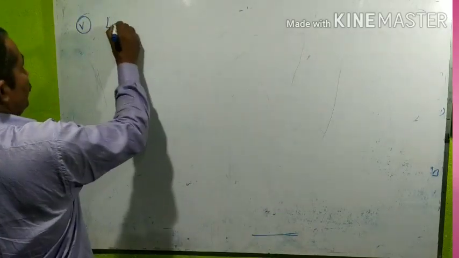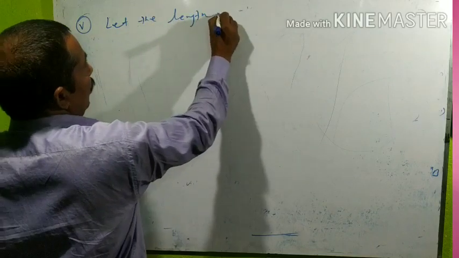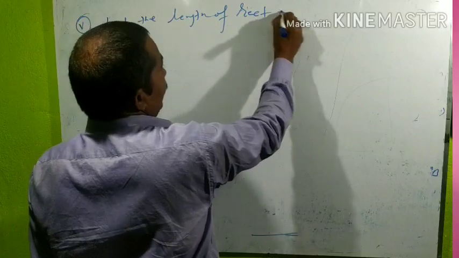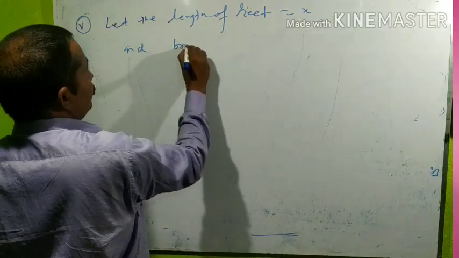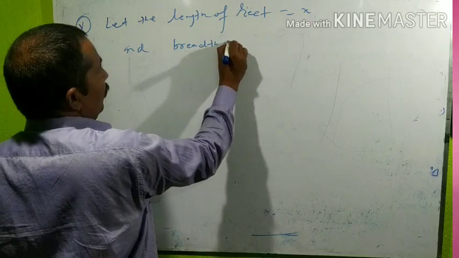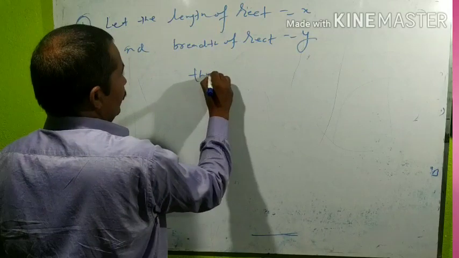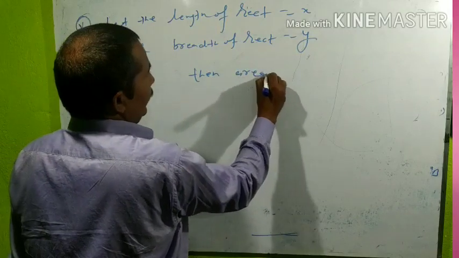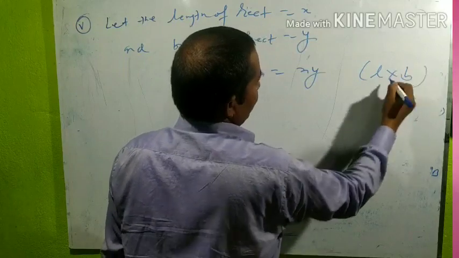We will suppose here, let the length of the rectangle be x and the breadth of the rectangle be y. Then the area is equal to xy. Area is what here? Length into breadth, xy.